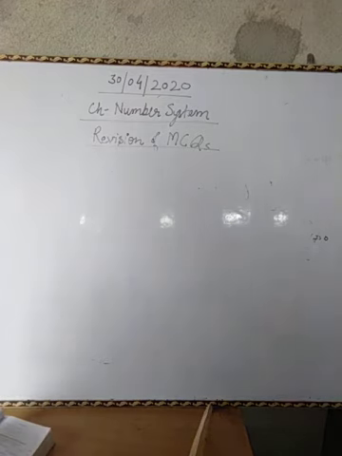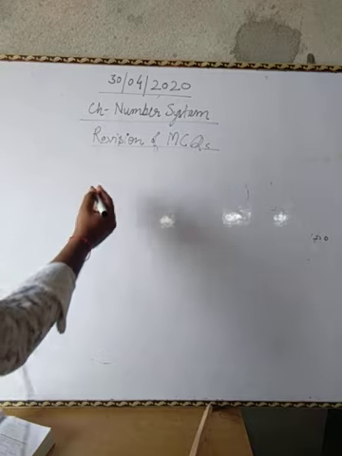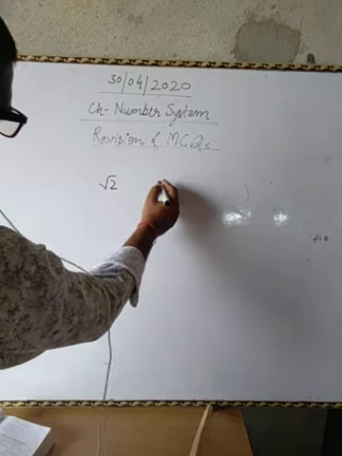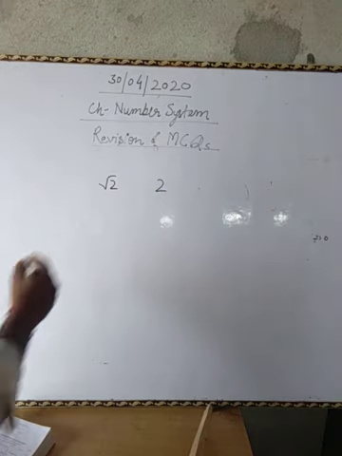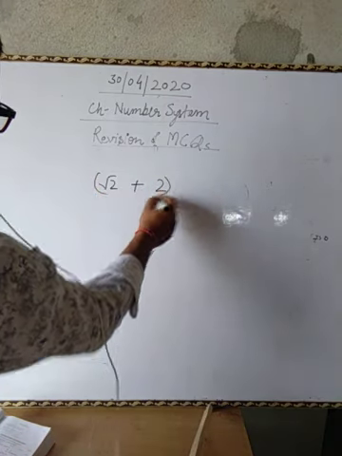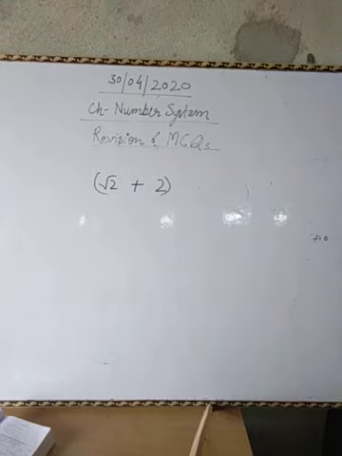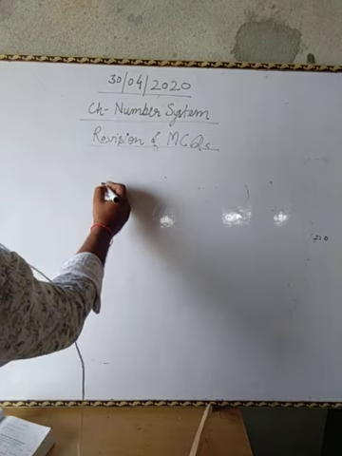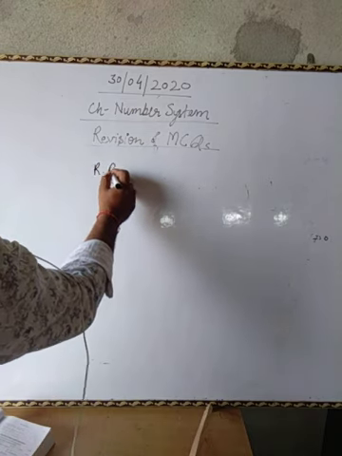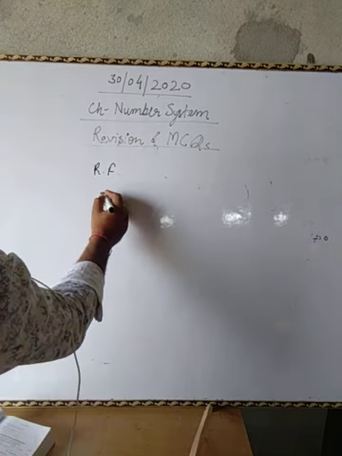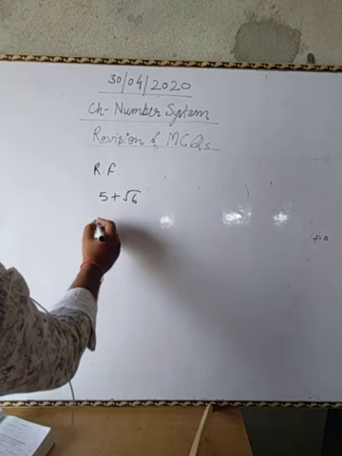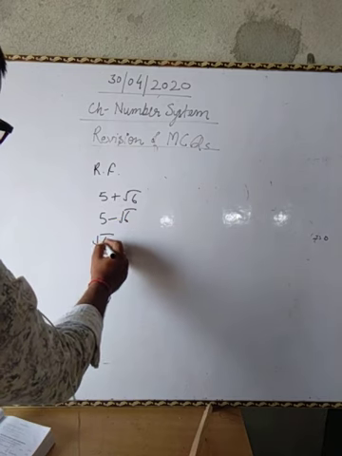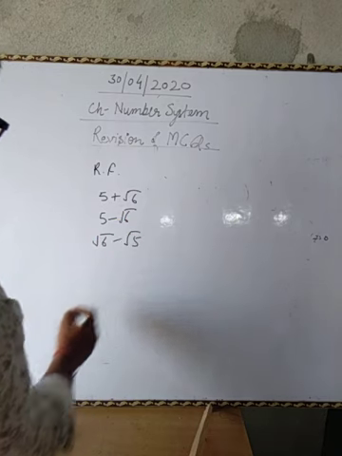Okay. So, simple questions. Root 2 is an irrational number, 2 is a rational number, and the sum of these two is irrational. Now, I will ask the rationalizing factor, RF, of the following: 5 plus root 6, 5 minus root 6, root 6 minus root 5.